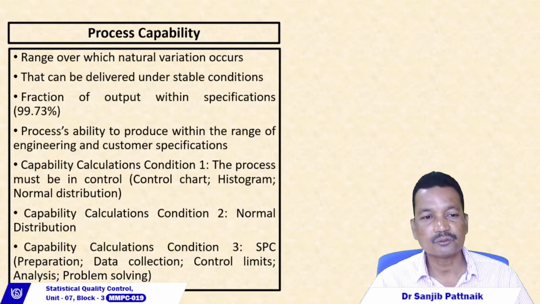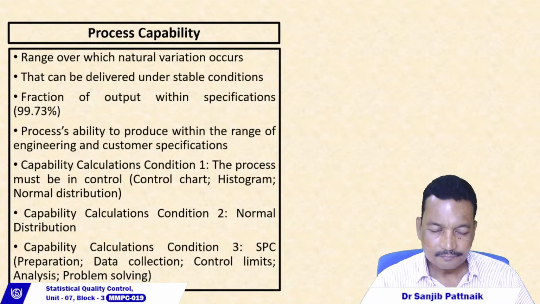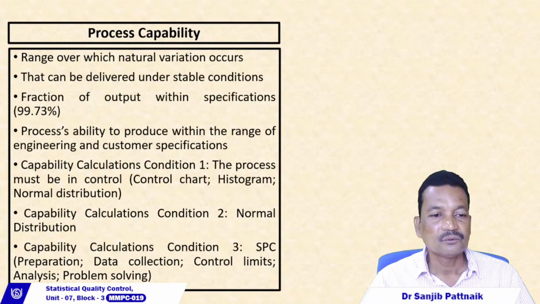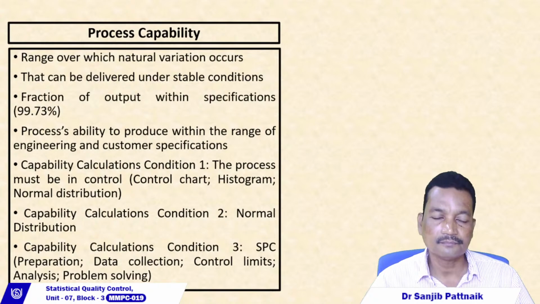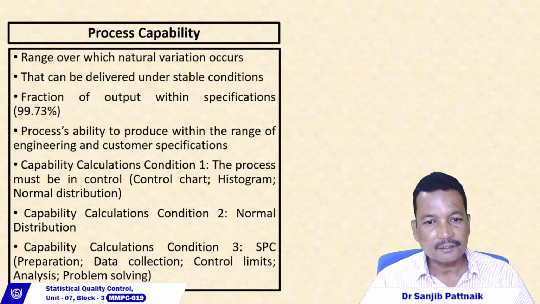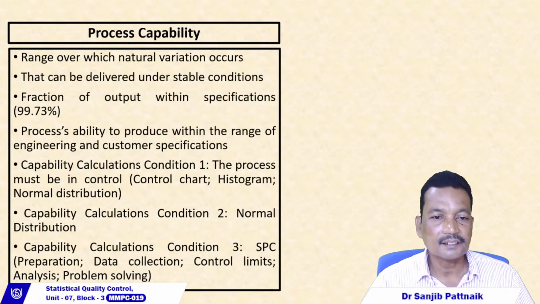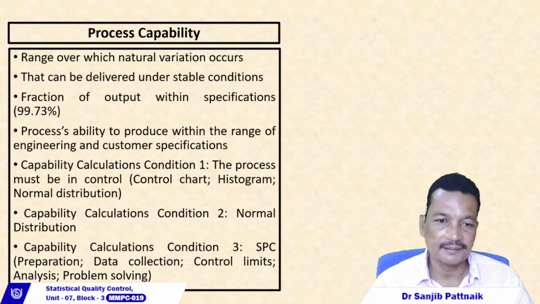That is called process capability. When we talk of capability calculations, the first condition is the process must be in control. What do we understand by control? Now here we take three examples: control charts, histogram, normal distribution, or the distribution we can say.